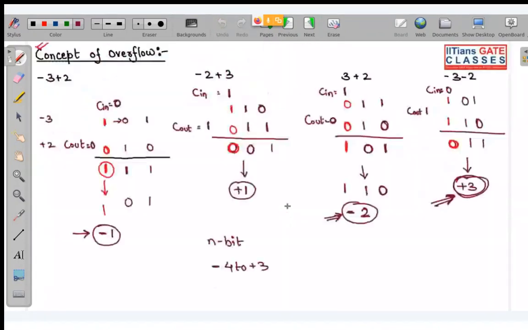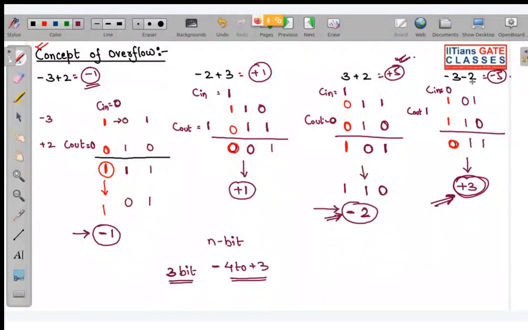So look at this place. -3 plus 2, the result is -1. Over here it is +1. Over here it is +5, and over here it is -5. So -1 comes in this range. +1 also comes in this range. But look at +5. I cannot represent it using 3-bit 2's complement. It is out of the range of 3-bit 2's complement.